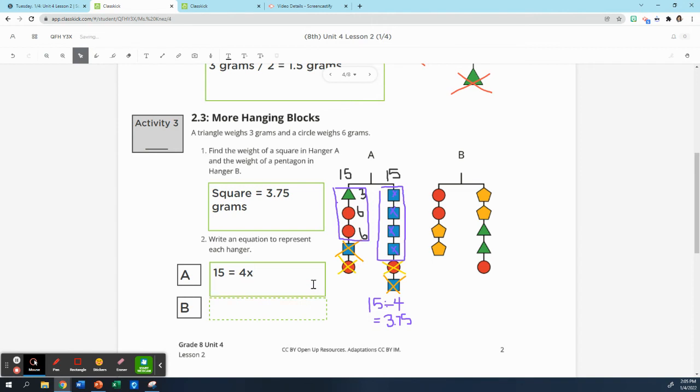And another way I could have written that is I could have said that 3 plus 6, which is what I had in the purple square, is equal to x plus x plus x plus x. The second way was just a bit more efficient, right? A bit of a more efficient way to write it. So what I want you to do is pause this video and find the weight of the pentagon and find an equation for the weight of a pentagon. So answer part B.